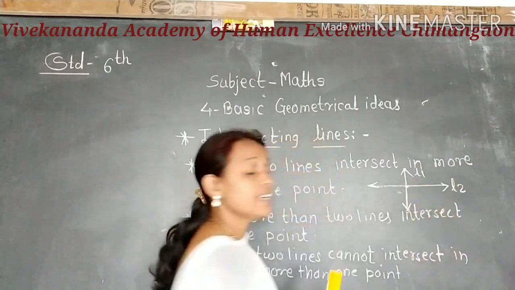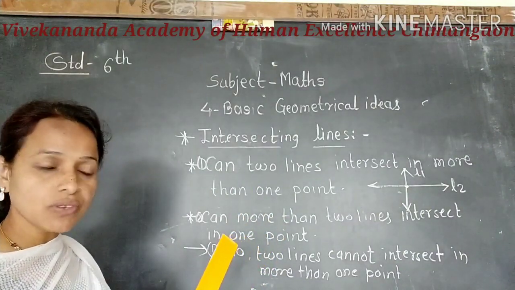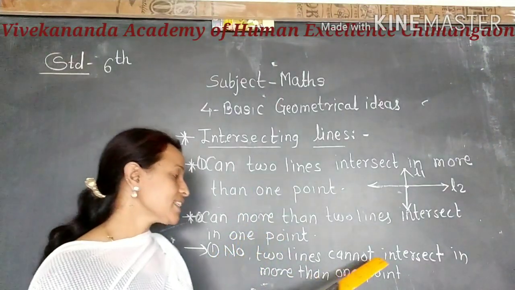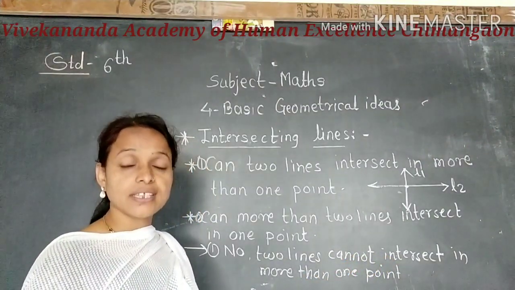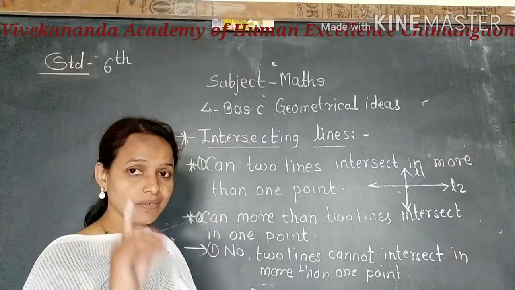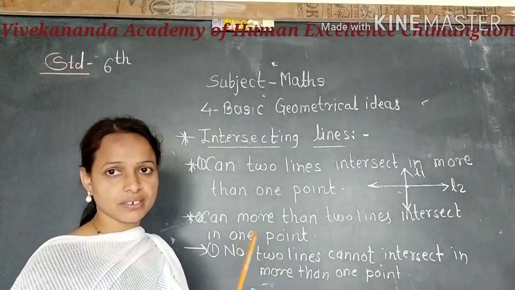We get only one intersecting point. So from this we say that two lines cannot intersect in more than one point. They can intersect only in one. They have only one intersection point.